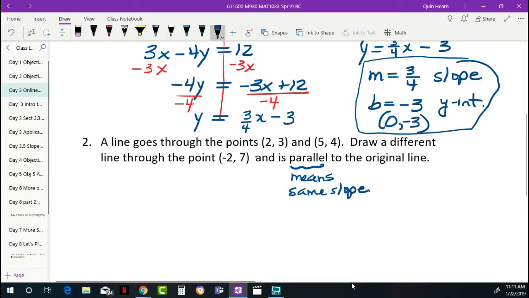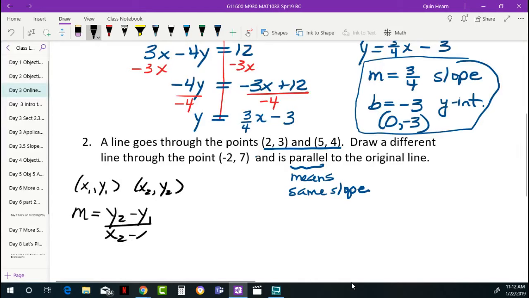So you kind of have two options for finding the slope of the first line, which goes through 2, 3, 5, 4. You could draw a picture of it and use rise over run to find the slope. Or, just to remind you, we do have a formula when we're given 2 points x1, y1, and x2, y2 on a line. We can plug into the formula y2 minus y1 over x2 minus x1.